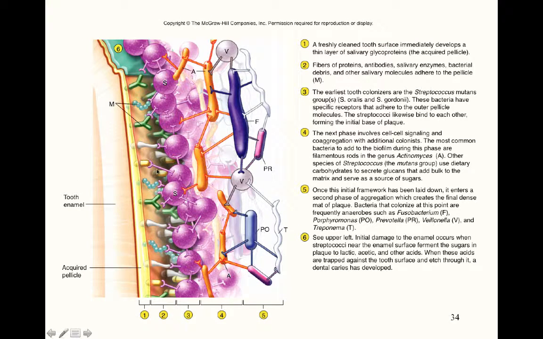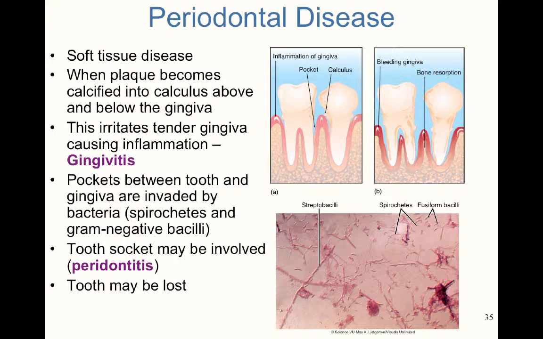So again, this is the process that I just mentioned, the groundwork of the first layer of strep cross-adhered with Actinomyces. So this is the pellicle, and then we have the biofilm that builds up and causes the release of acids. And when the formation of that biofilm and the plaque becomes calcified above and below the gingiva, so in between the teeth, this will irritate the gums, causing inflammation.